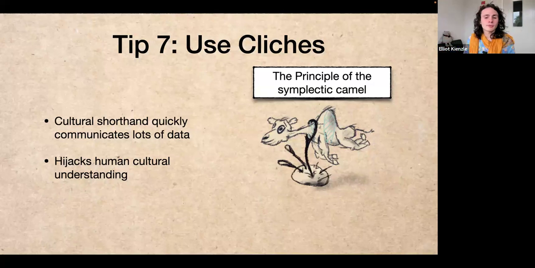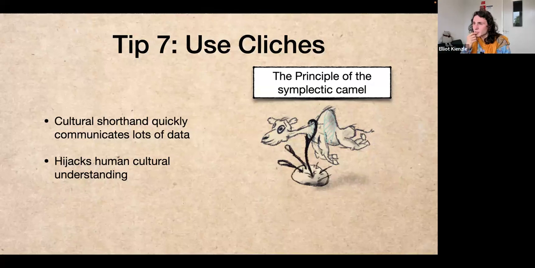So here's an example from not me. This is called the principle of the symplectic camel. This is another name for a theorem in symplectic geometry called Gromov's non-squeezing theorem. It states that if I have a symplectic ball and I squish it and squash it however I can, if I do so in a symplectic way, I can never fit it through a hole if that hole has a radius smaller than that of the original ball.